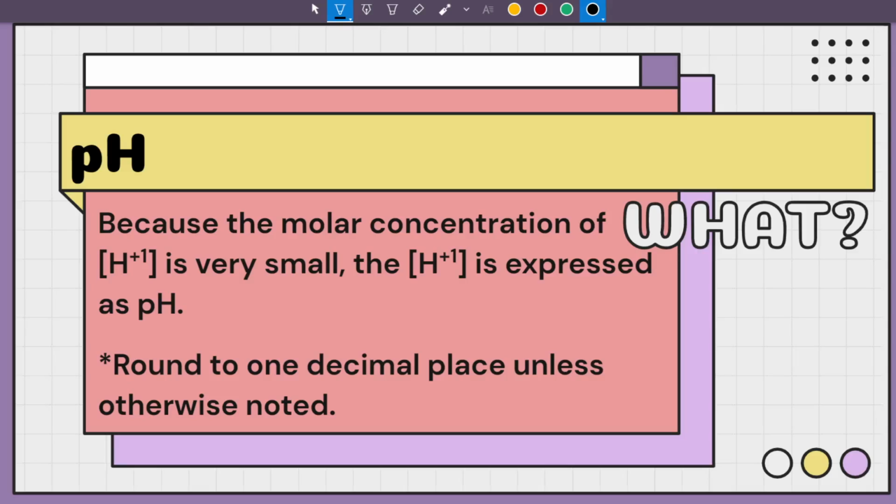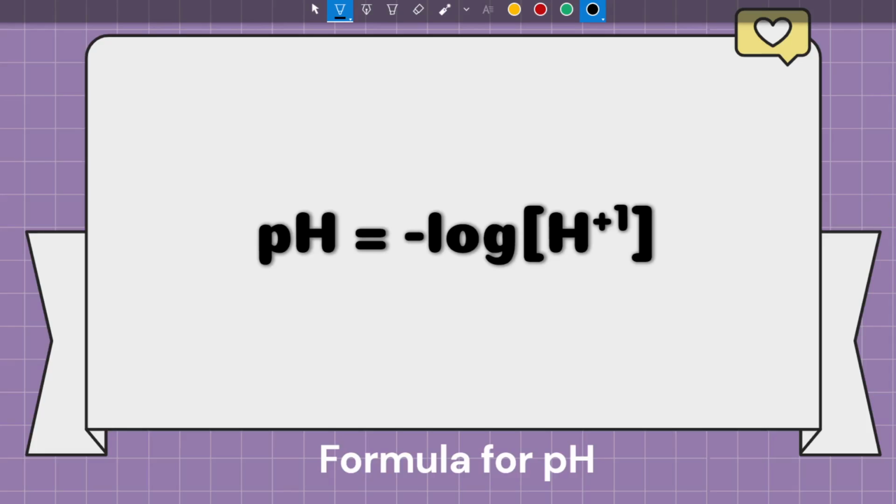Because of that, we express it as pH, and we're going to round to 1 decimal place unless otherwise noted. Our formula for pH is the negative log of H plus, our hydrogen ion concentration, which is why you need at least a scientific calculator out right now.